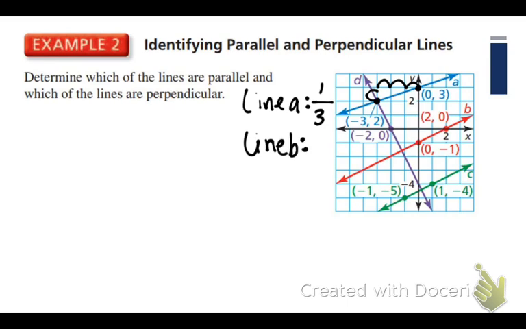Who's going to help me with line B? Go ahead, Amelia. Line B, we got these 2 points. Mine is red, yours is not. Is this a positive or a negative slope? Positive. How much do I have to rise? 1, and I run 1, 2. I agree.